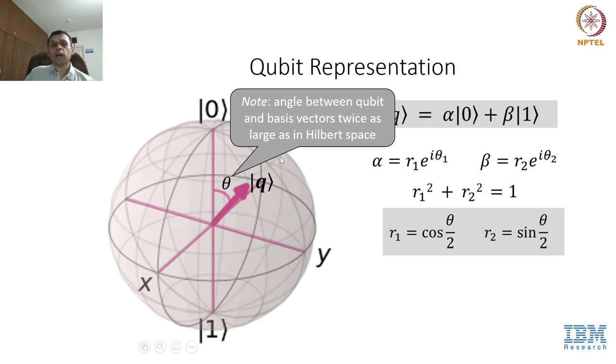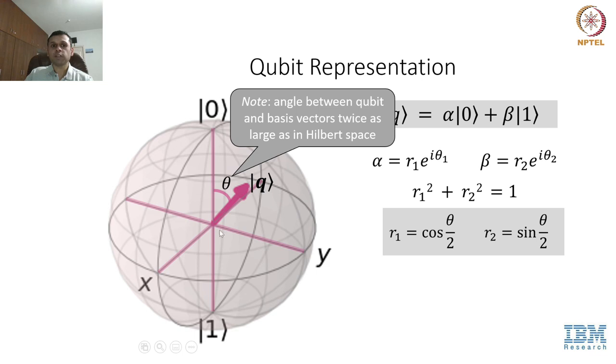Also note that our representation in the Bloch sphere ends up doubling the angle between qubits and the basis vectors, as you would see in the Hilbert space, right? So in a Hilbert space, and for intuition, just assume a two-dimensional space. Our basis vectors 0 and 1, or i and j unit vectors, would be perpendicular to each other, right?